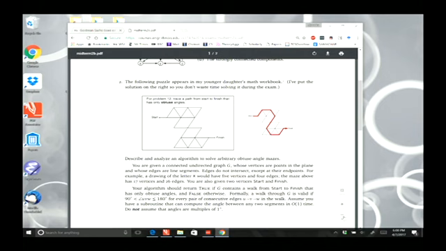So what should be the vertices of this graph? Okay, is that right? Let's see. Going from here to here, there is no angle defined there, no?